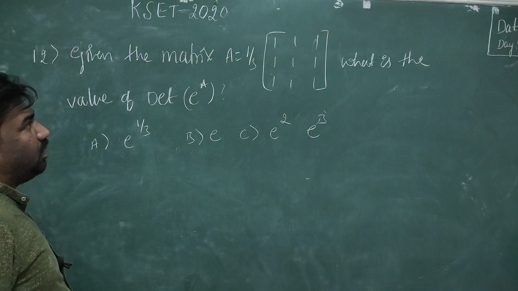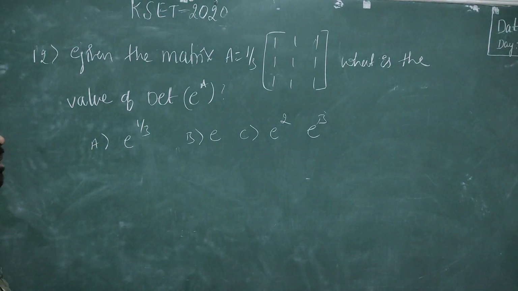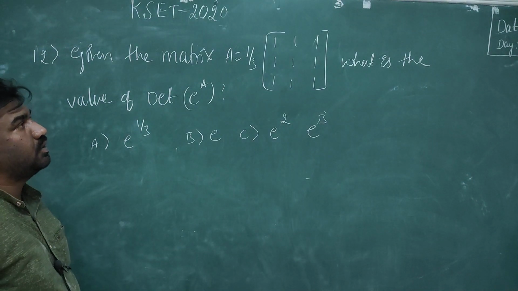Given the matrix A equals 1 by 3 times the matrix of all ones, what is the value of the determinant of e power A?